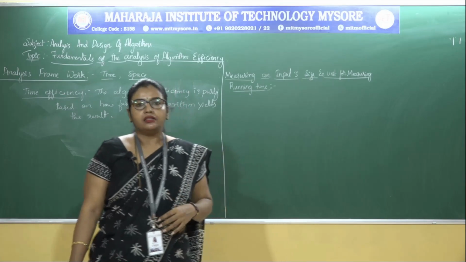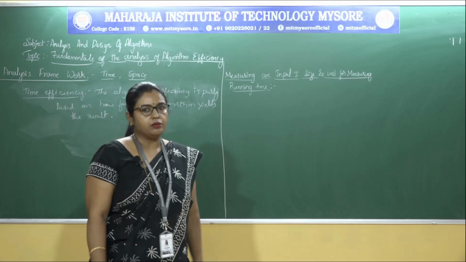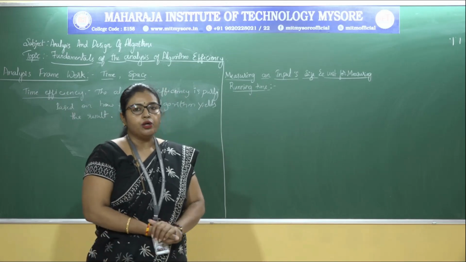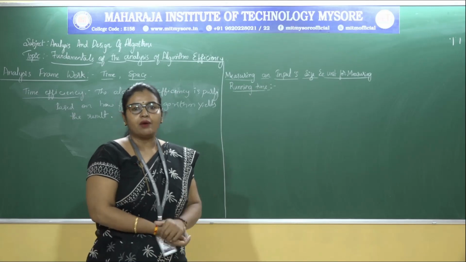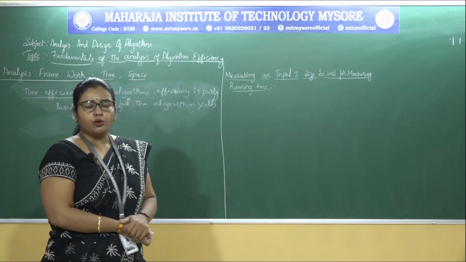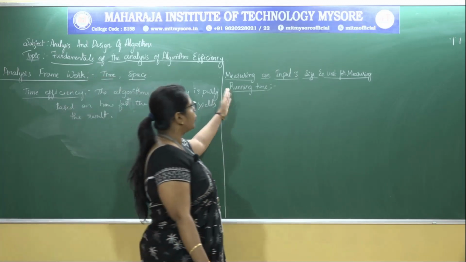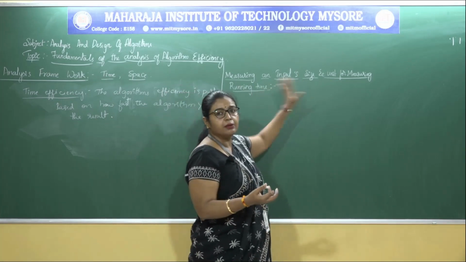So here this time efficiency is going to be measured, and in order to find out this time efficiency, we have so many parameters. Basically we are going to measure our running time based on the input size.